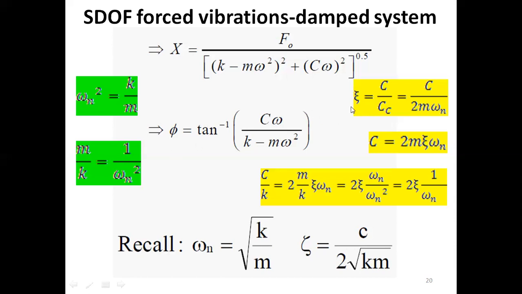Similarly, zeta is c by cc, the actual damping in the system to the critical damping, and the critical damping is 2m omega n. So zeta is c by 2m omega n. If we bring this quantity to the other side, the actual damping of the system would be 2m zeta omega n. So we have these two equations.